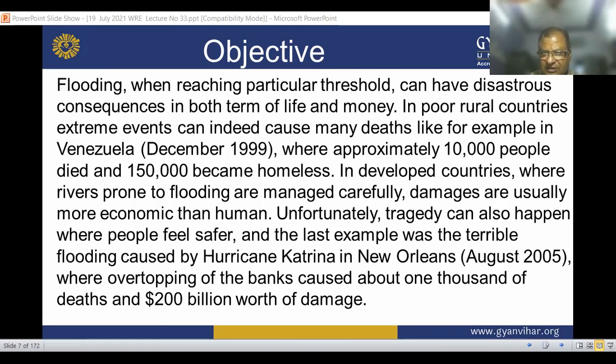Unfortunately, tragedy can also happen in developed countries.